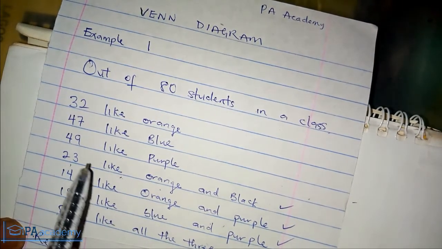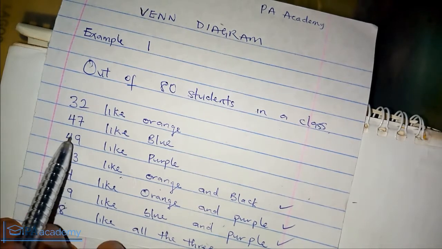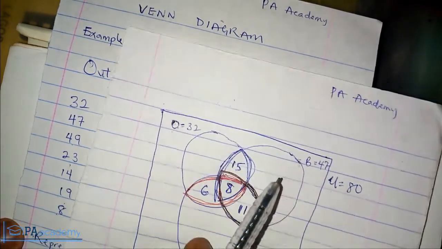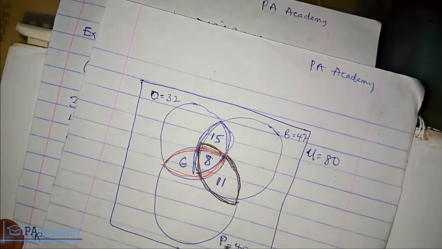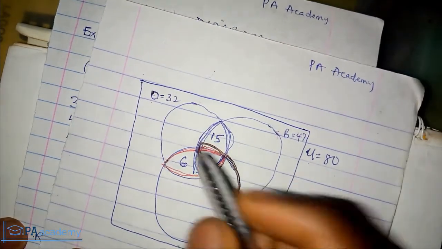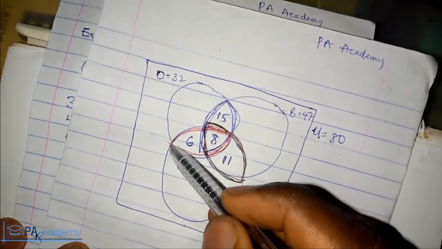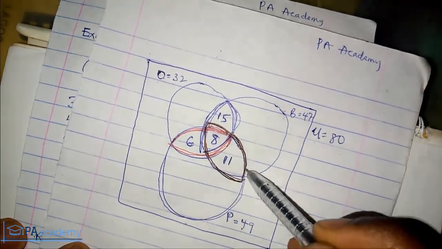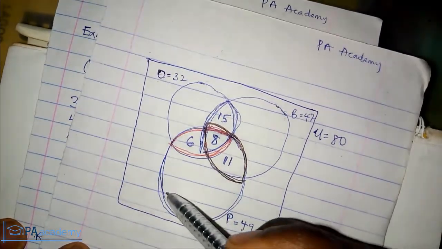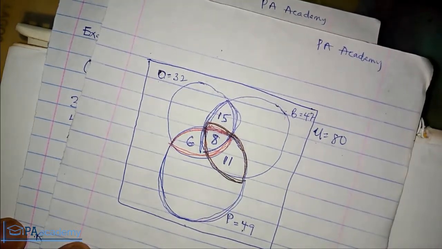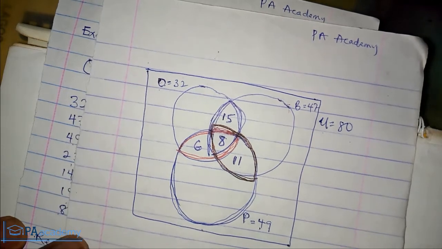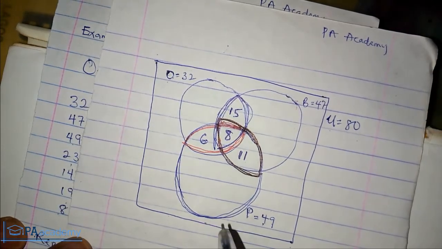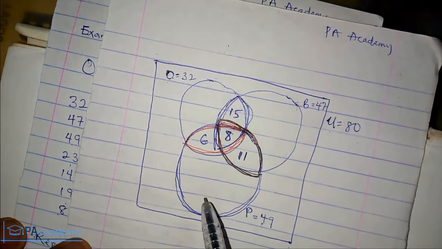So the next one says 49 like purple. Now for purple, 49. If you look at this circle, this is the circle for purple. Now that we've been told that 49 like purple, what we are going to do next is look for those that like only purple.